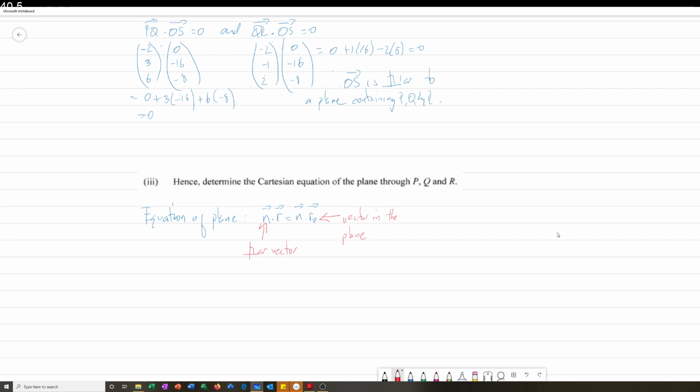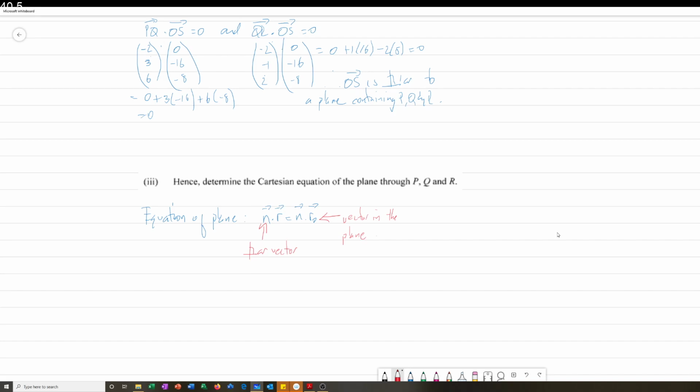So luckily, the question above asked me to show that OS is perpendicular to P, Q and R. So I already have N, and then I have r naught.